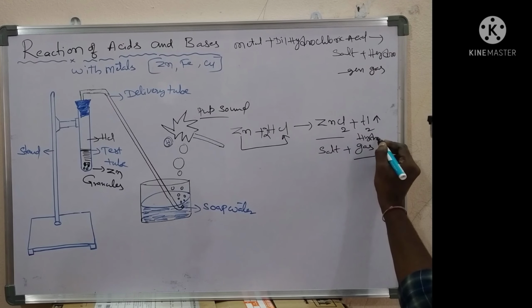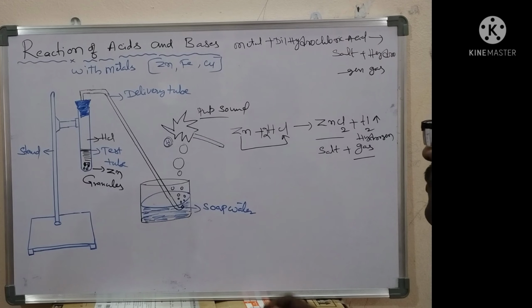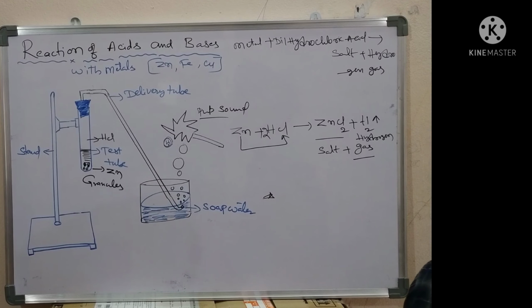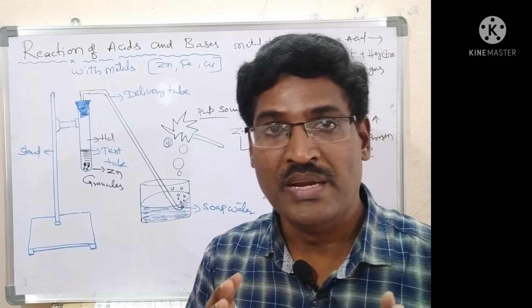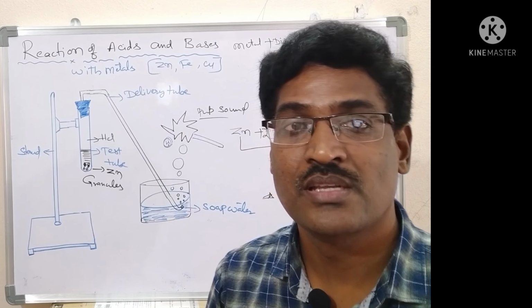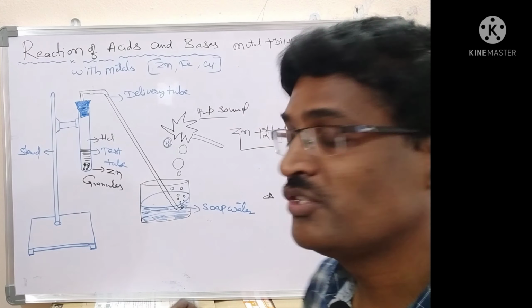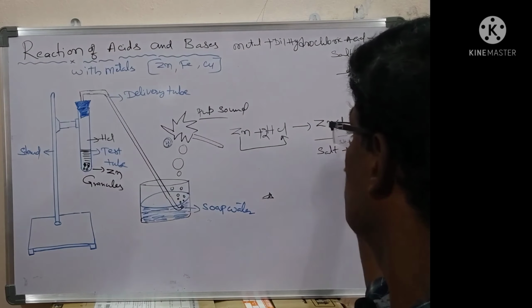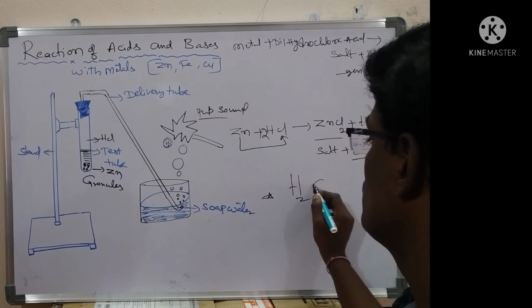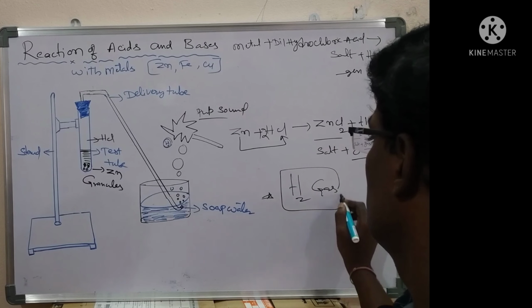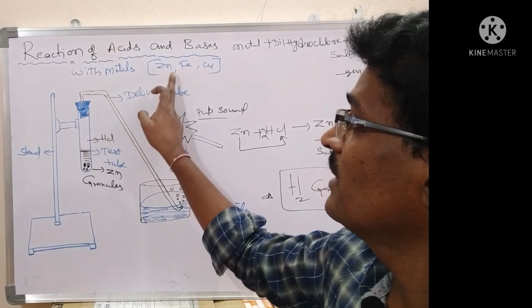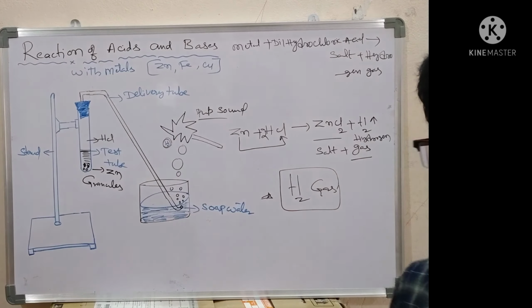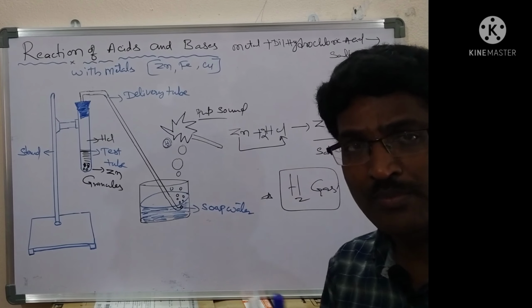Hydrogen gas. What is the conclusion we have to give? When acids react with metals, they produce or evolve H2 gas. When acid reacts with metal, it releases hydrogen gas.